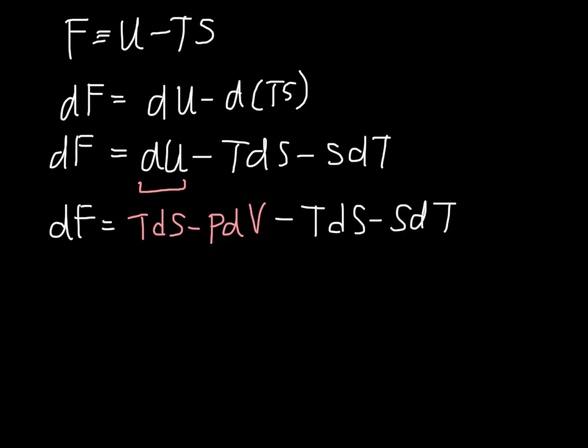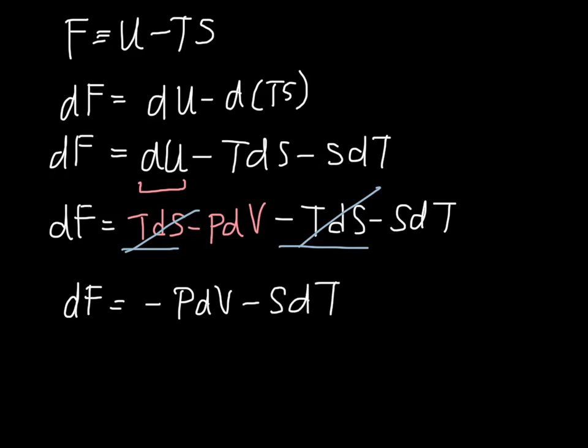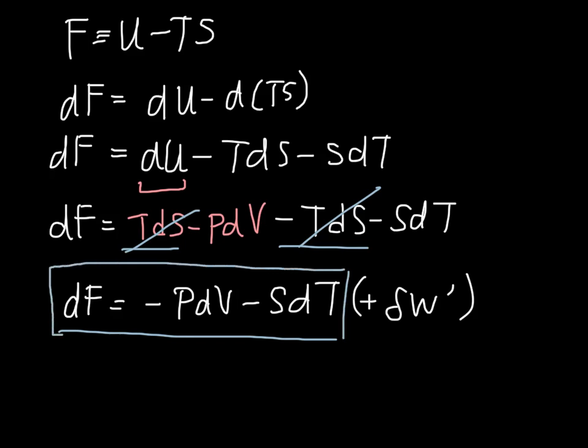Now you can see that we have here TdS, and here we have minus TdS, and so those two terms cancel each other, and we are left with dF equals minus PdV minus SdT. And if we have any other work terms, we could add those on at the end. So this right here, this is the differential form of the Helmholtz free energy.